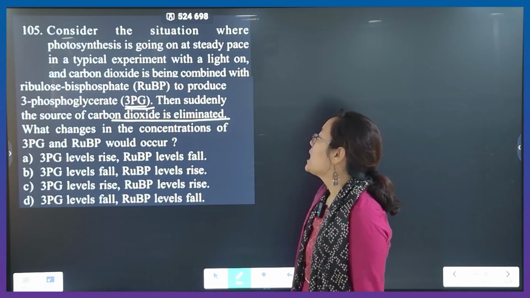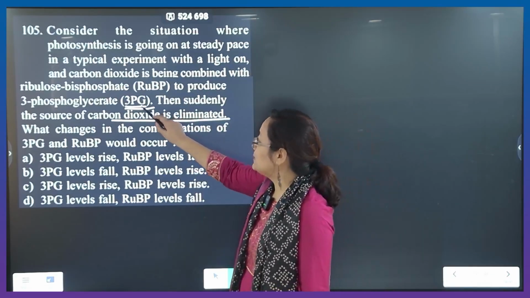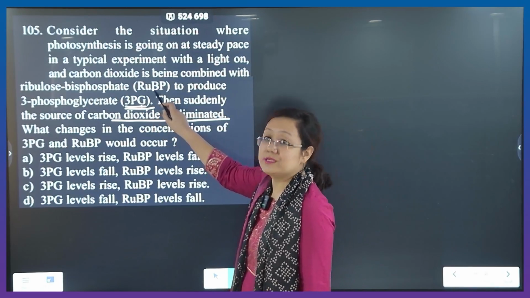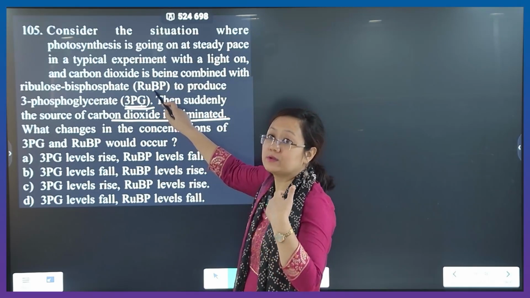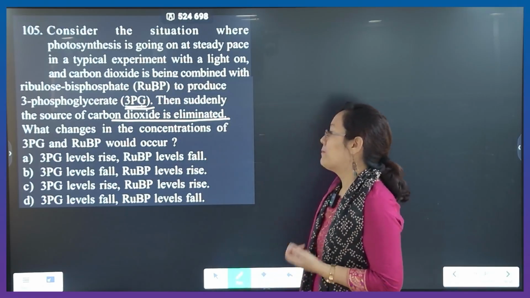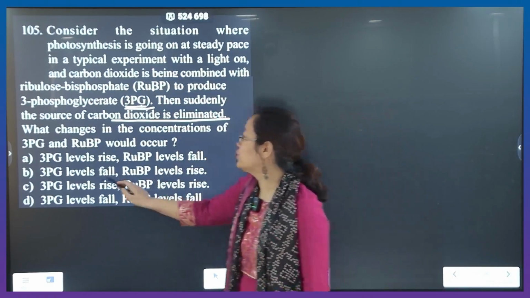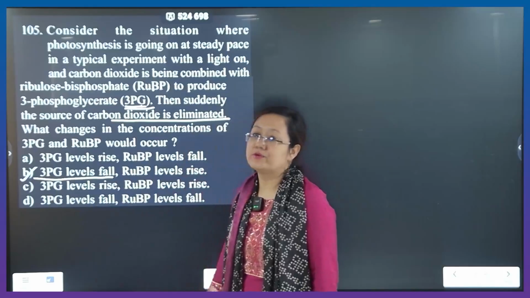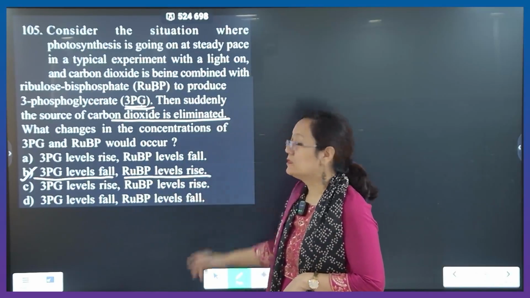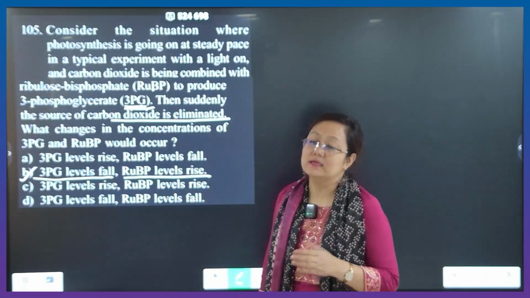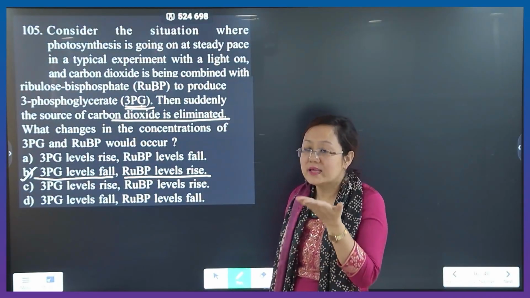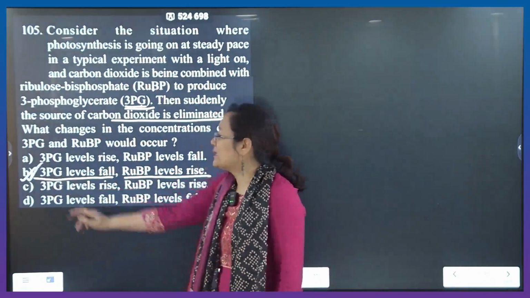What will happen? प्रोडक्ट फॉर्म हो रहा था phosphoglycerate PGA and the acceptor is RuBP. अब कार्बन डाइऑक्साइड को रिमूव कर दिया, फिर क्या होगा? PGA मतलब phosphoglycerate का लेवल तो क्या हो जाएगा? प्रोडक्ट ऑफ द रिएक्शन वो तो क्या हो जाएगा? डाउन हो जाएगा. और जो एक्सेप्टर था RuBP केल्विन साइकिल का, कार्बन डाइऑक्साइड ही नहीं है तो RuBP एक्सेप्टर लेवल will increase. Just applied type का क्वेश्चन है.